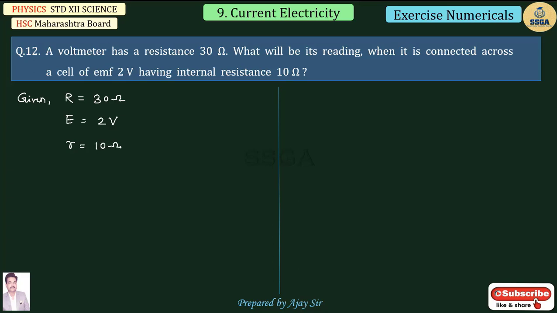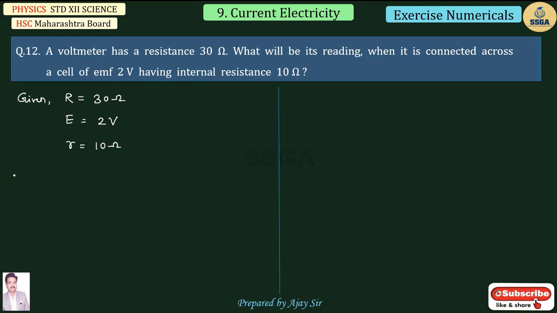Then what will be the voltage across the voltmeter? That we have to find, students. The voltmeter resistance is given, the battery connected to it is 2 volt, and its internal resistance is given.